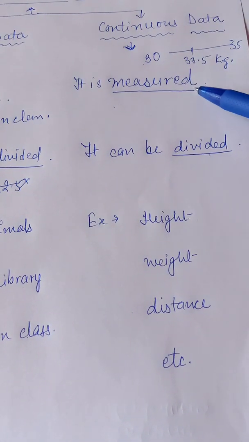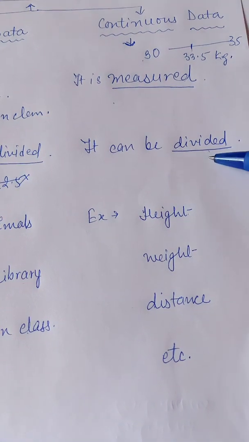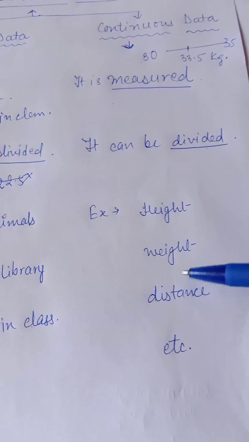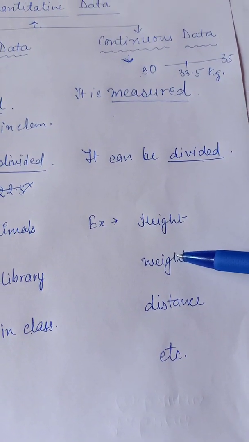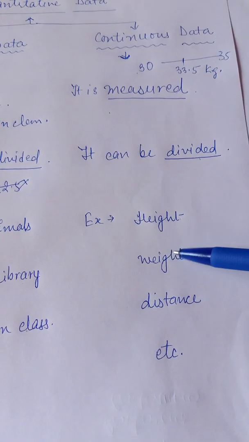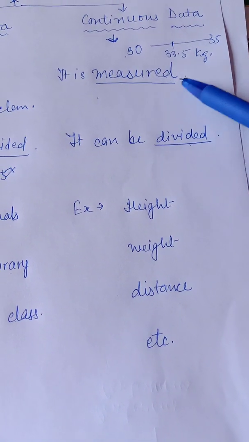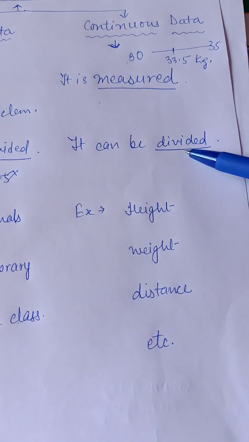It can be measured and it can be divided into fractions or decimals, in parts. Weight is also continuous data. Distance, it can be measured and can be divided.